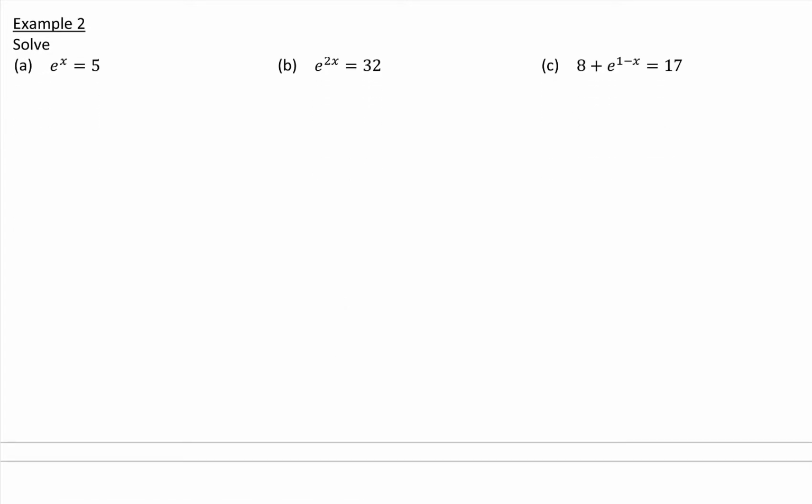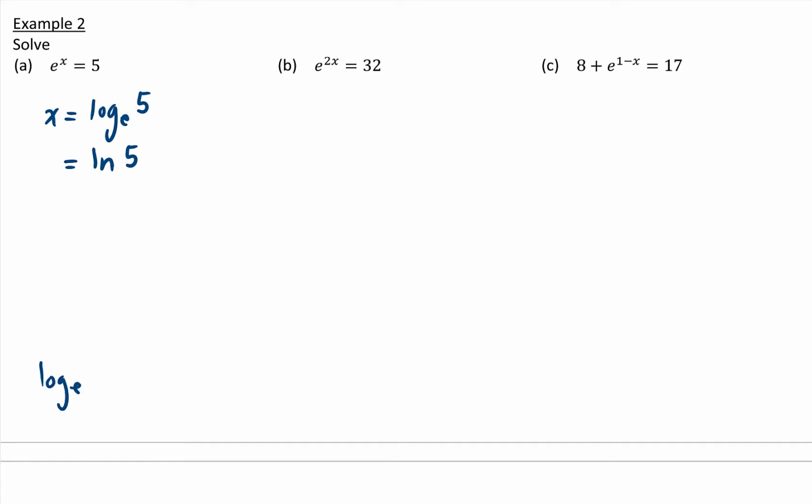Alright, example 2. What if we want to solve exponentials involving Euler's number? So let's solve e to the exponent x equals 5. Our first step is to isolate for x by using logarithms. So we want the log base e of the number 5. And if your calculator has Euler's number attached to it, then it also has what's called the natural logarithm. On your calculator, it might look like an "in", but it's actually ln.